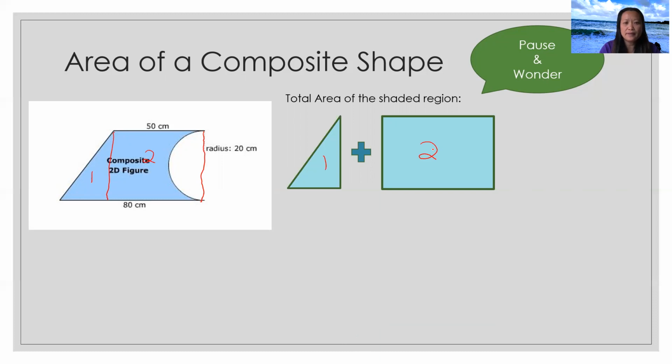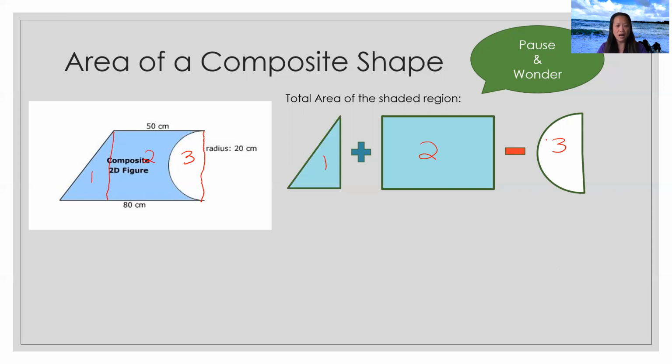But then I also see that half of a circle is not shaded. So I am going to subtract out that half of the circle. Okay, does that make sense?